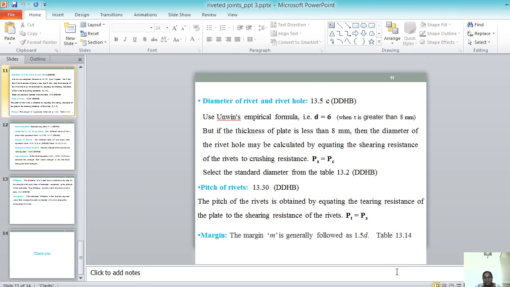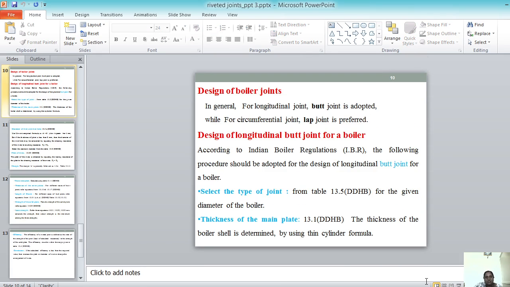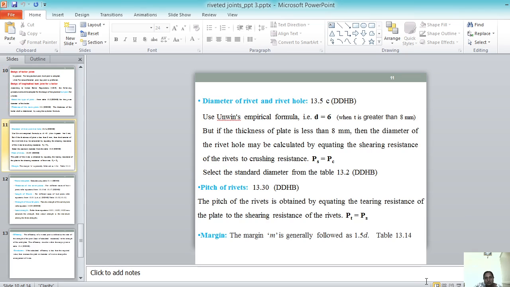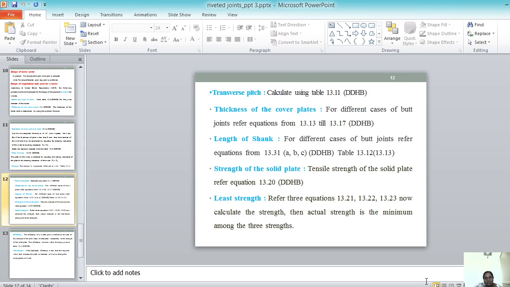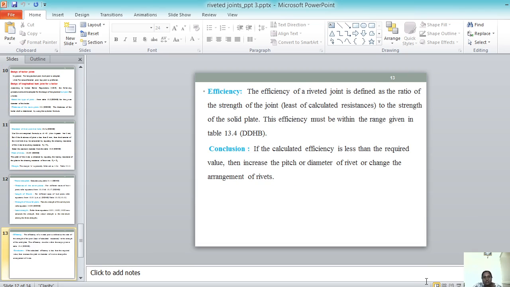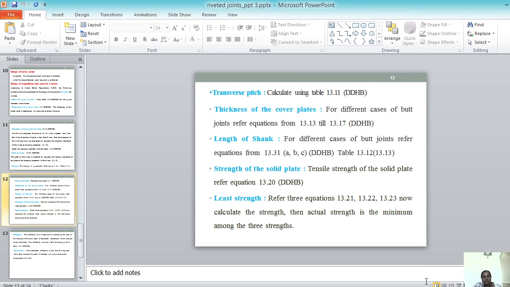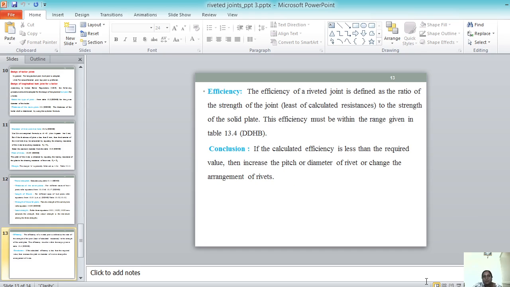See, these are the steps: selection, next thickness, diameter, pitch, margin, transverse pitch, cover plate, length, strength, least strength, and all these things. Finally, the efficiency needs to be calculated. I told you the different types of efficiency just now. How we define efficiency is given once again here.